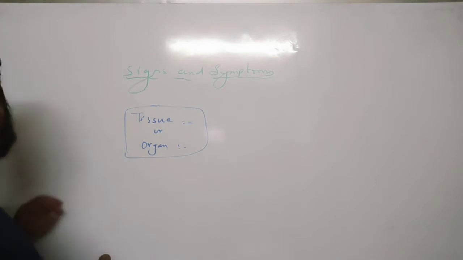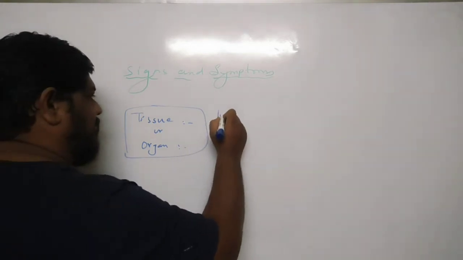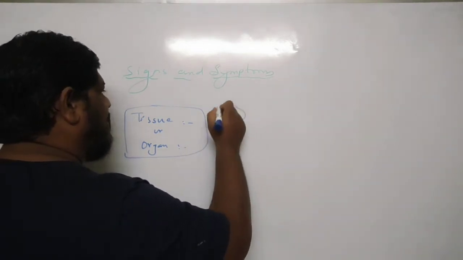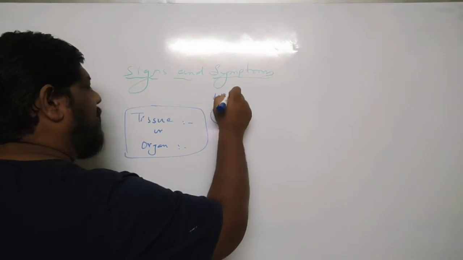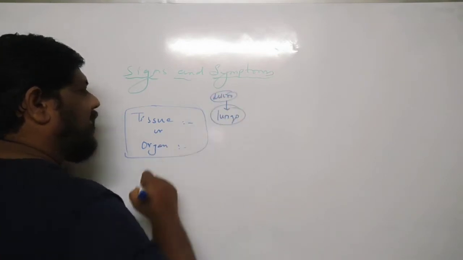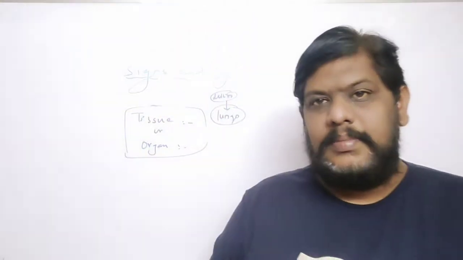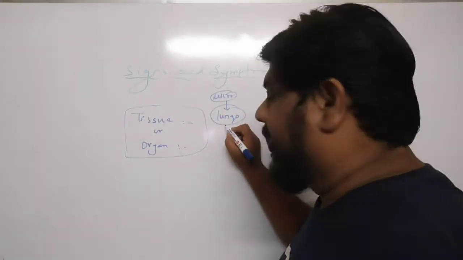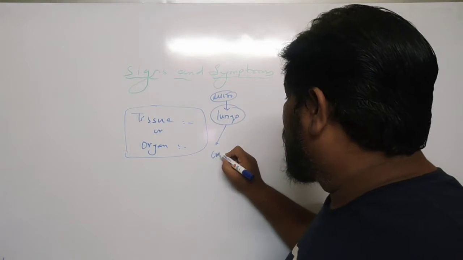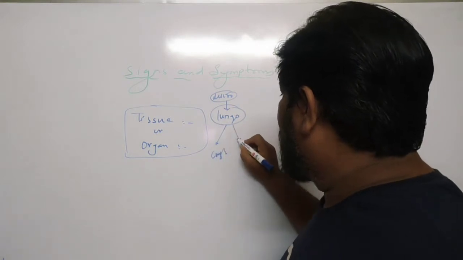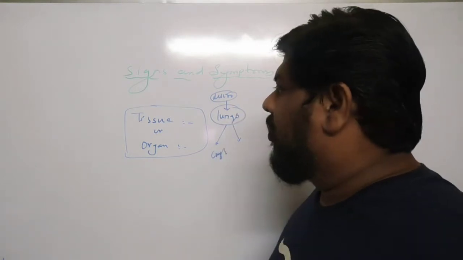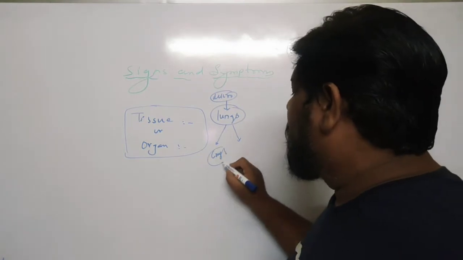For example, if you take the lungs, if the target organ of the microorganism is the lungs, what are the symptoms you can see? The symptoms will be like cough. So if the lungs are infected, you can see the cough.